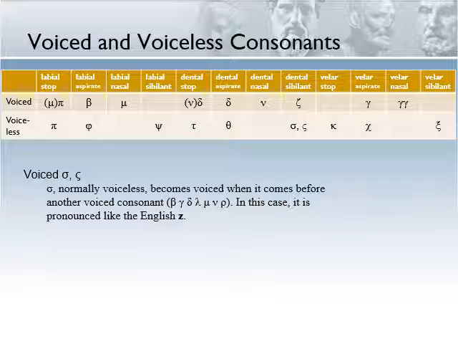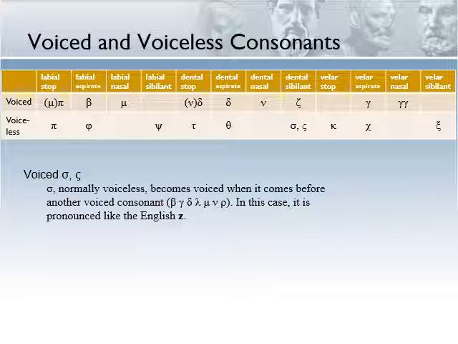But what happens is when the sigma comes just before another voiced consonant, that vibration of the voice box attaches itself to the sigma, and the sigma becomes pronounced as if it were a zeta, a voiced dental sibilant.